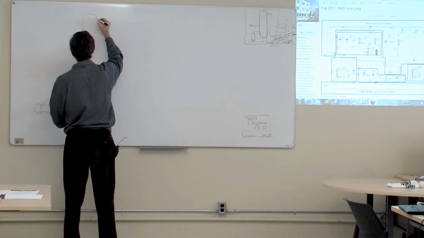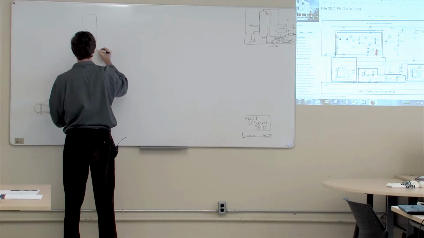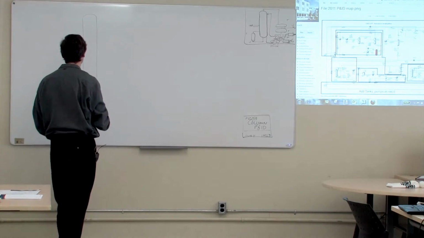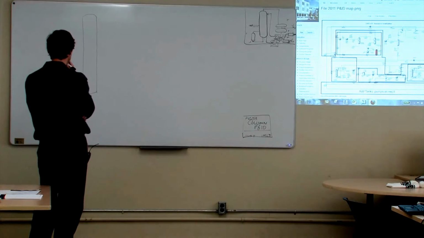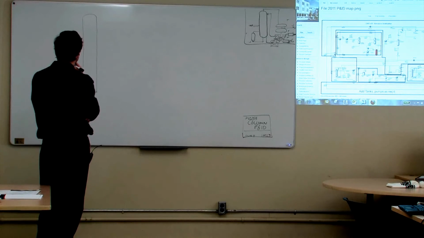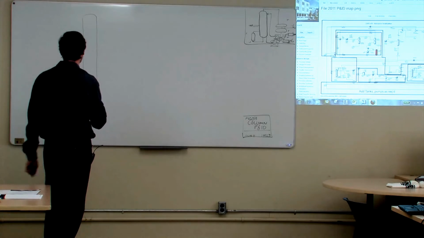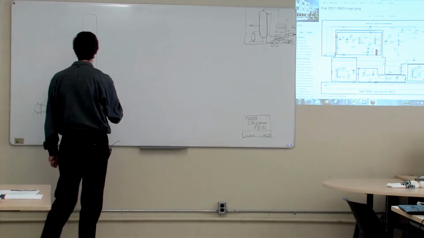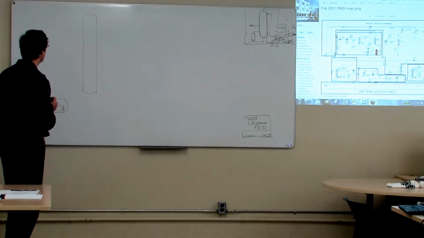I'm going to make it nice and big. Hopefully my markers aren't going to run out. That would be bad. Okay, like that. Well, it's going to make the level control a little bit unusual for you guys, but that's okay. Okay, so there's my tower.